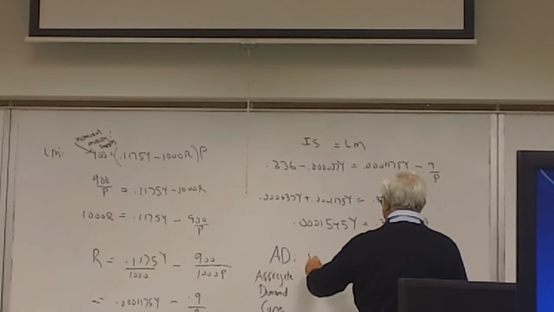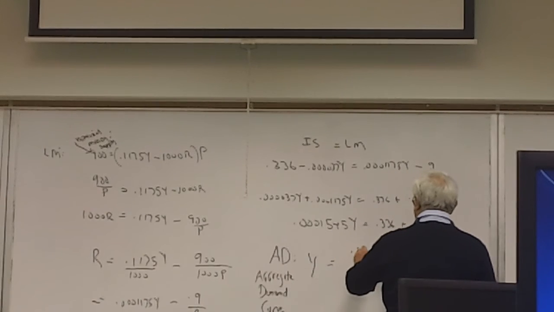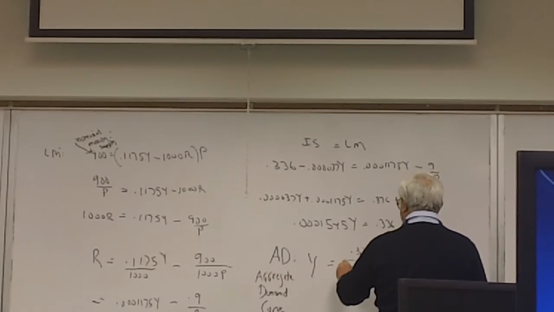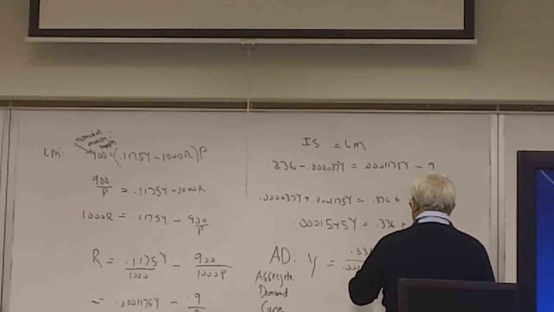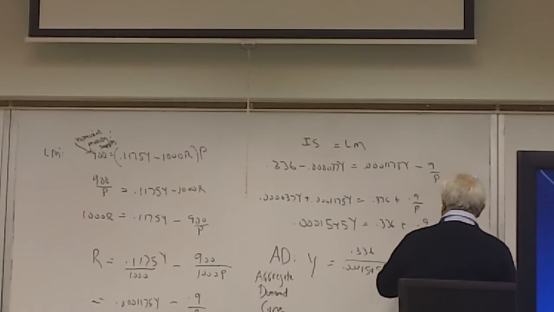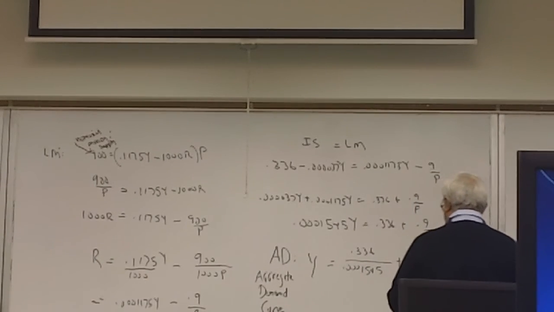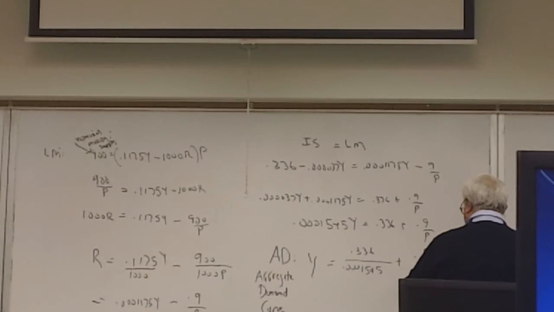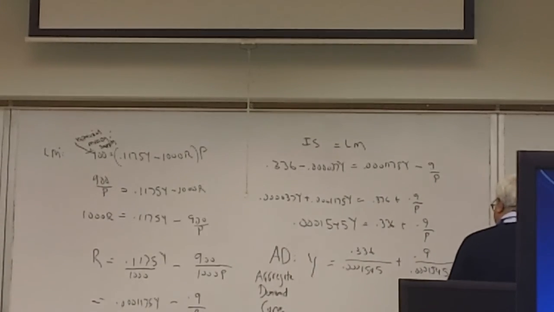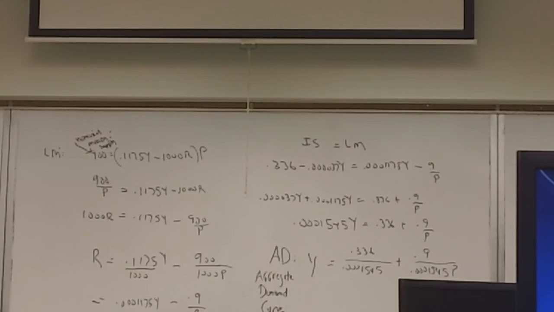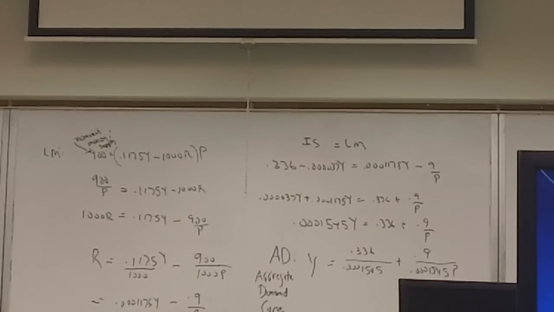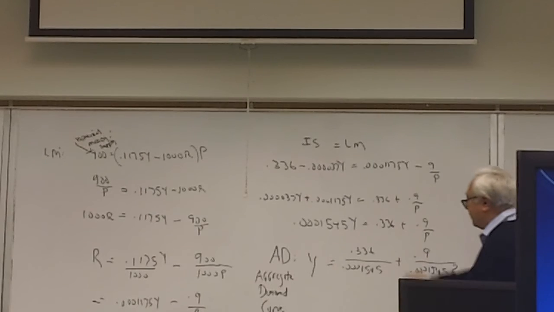Y will be equal to 0.336 divided by 0.000155, plus 0.9 over 0.000155 times P. Who's got a calculator? Okay. Let's get this term first.